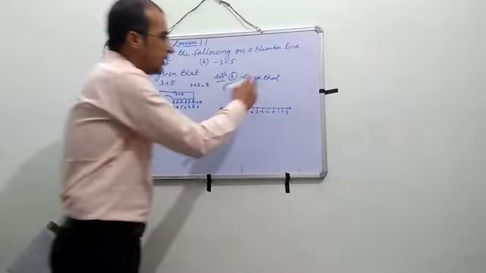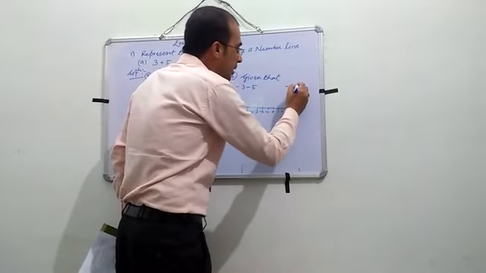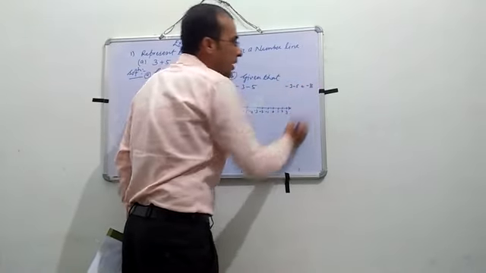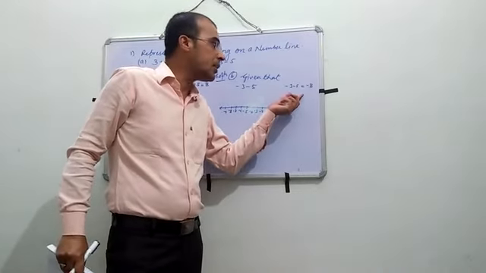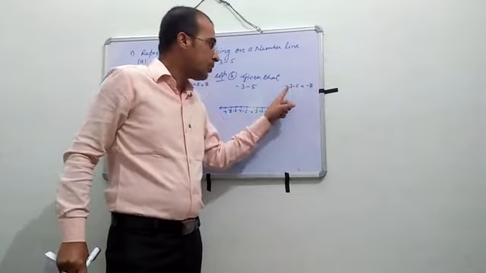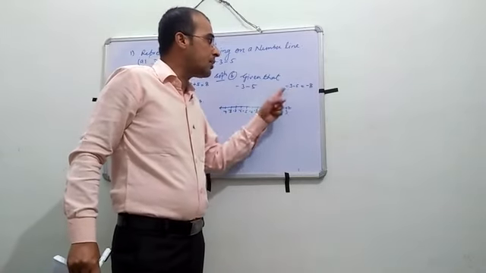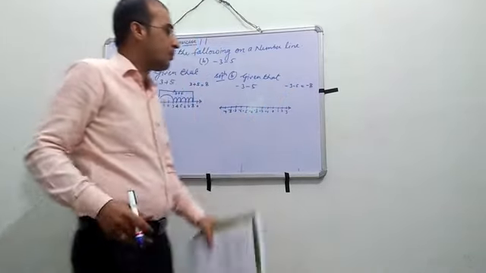So if you add minus 3 and minus 5, its result will be minus 8, because we know that if two integers are both negative, then their sum is always negative. So 3 plus 5 equals 8, and the sign is always negative.